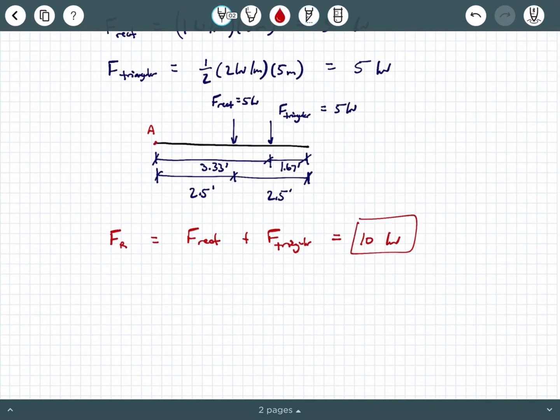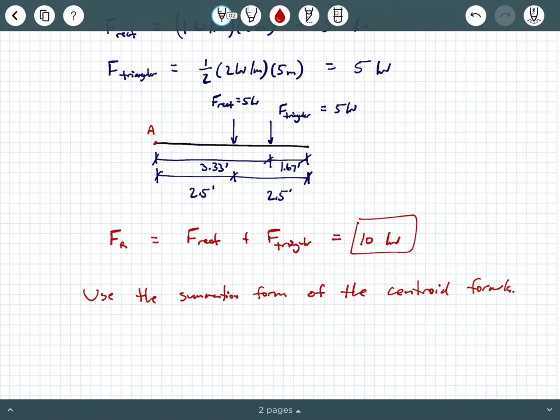Now, the next question is, how do you get its location measured from point A? Well, again, it's still definitely a centroid location. So how do we calculate that? Well, we're going to use the summation form of the centroid formula.